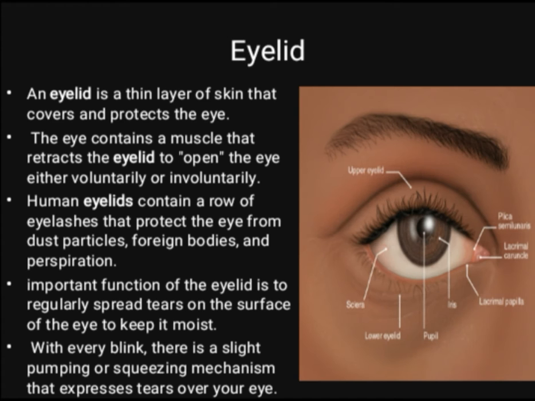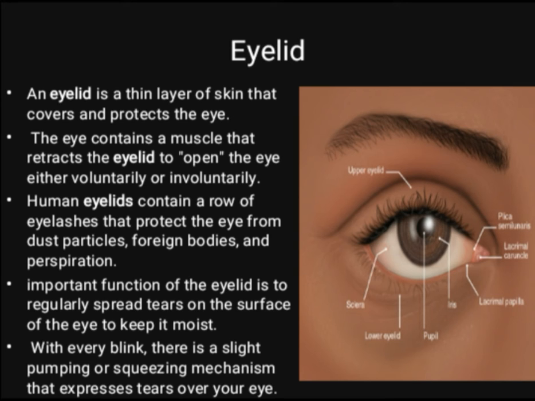Now our next topic is the eyelid. The eyelid is a very important part because it is a thin layer of skin which protects the eye. Any wind or any jerk we feel towards our eye, the eyelid suddenly blinks, shutting by itself to protect against it.